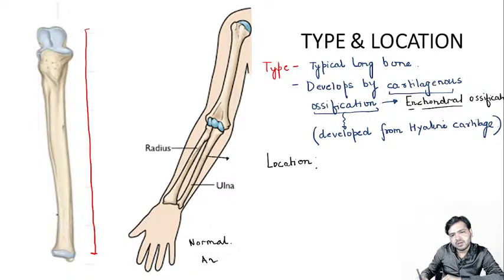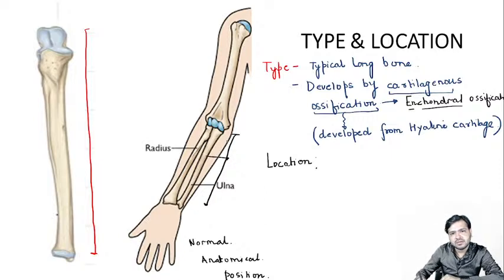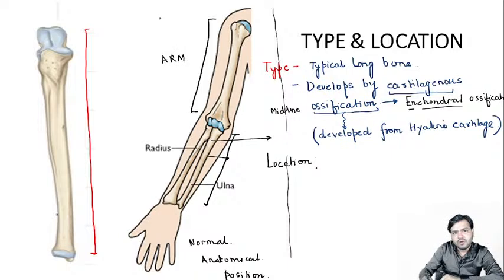You can very well see that this bone is located close to the midline of the body, and that's why it is called the medial bone. You already know this particular area is called the arm region, from the shoulder joint above to the elbow joint below. And from the elbow joint to the wrist joint, basically this is the forearm region.